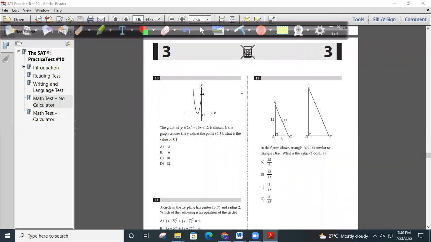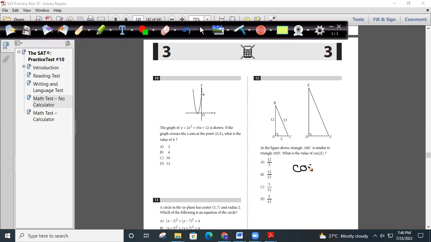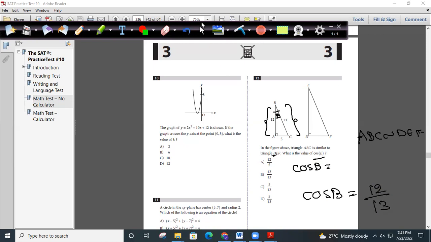So ABC is similar to DEF, so cos E should be same as cos B. Cos B should be equal to adjacent by hypotenuse. Cos B is AB by AC. So that should be 12 by 13. So 12 by 13 should be my answer.